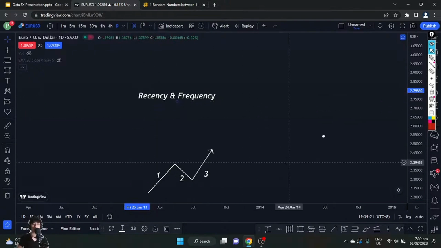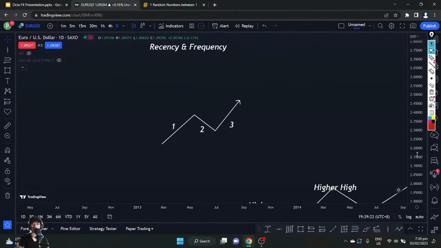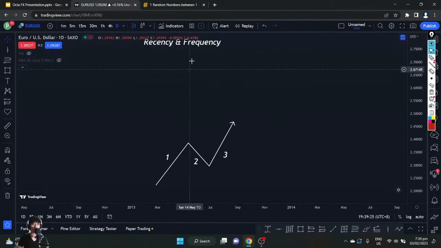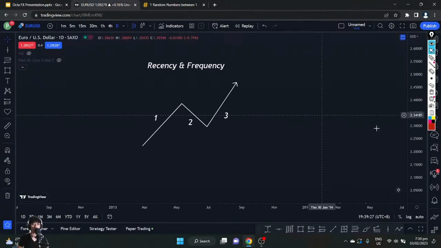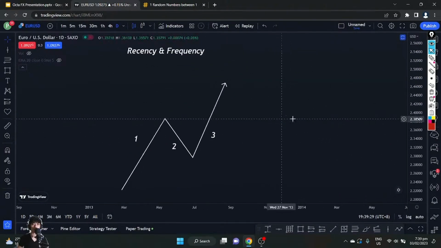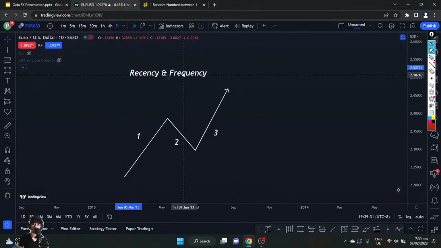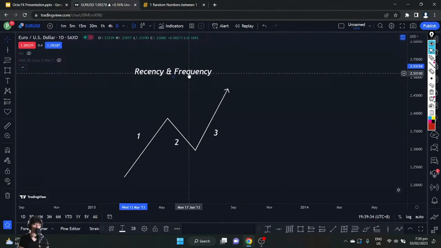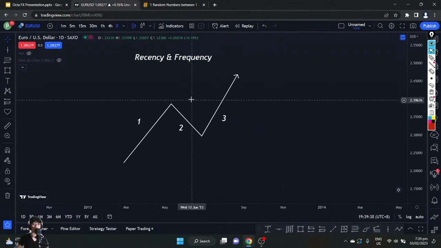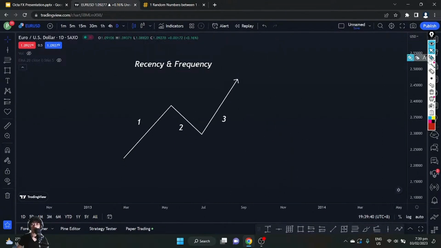Okay, so back at this 1, 2, 3 pattern, where do you think our most recent structure will be found? Or where do you think our most recent structure will be? Do you think this is our most recent level? What do you think? Yes or no?